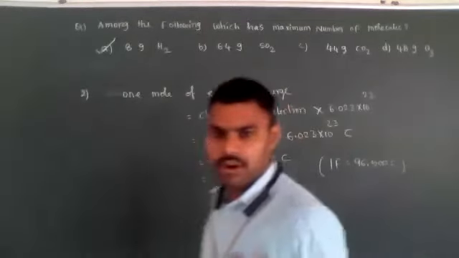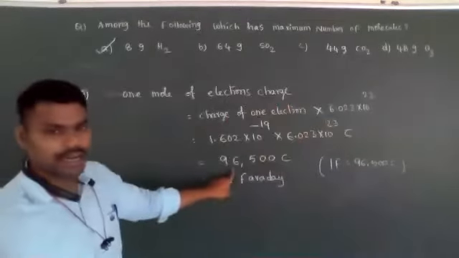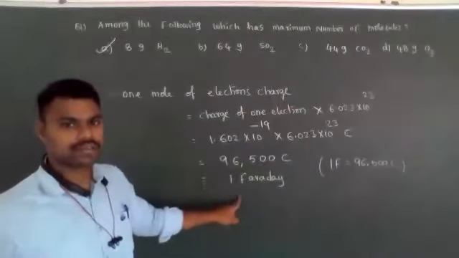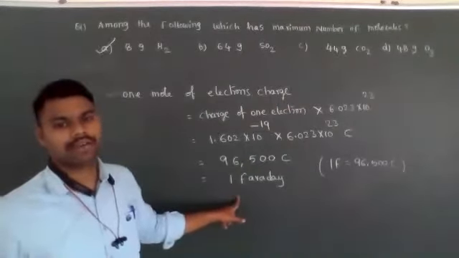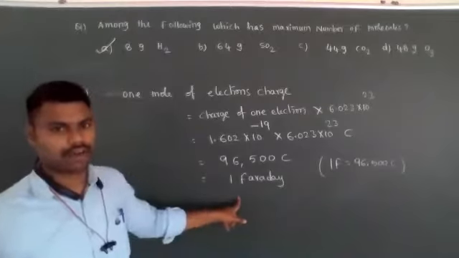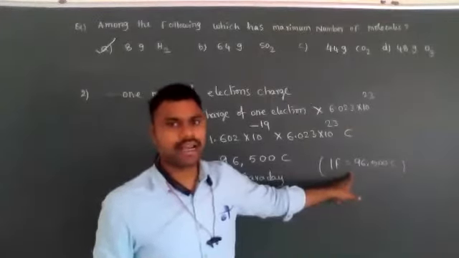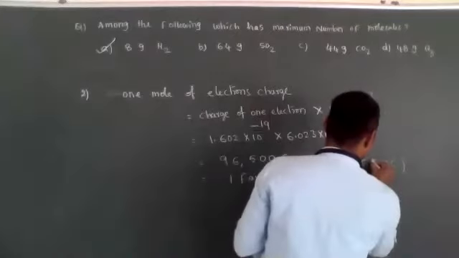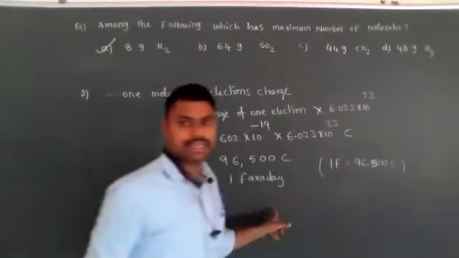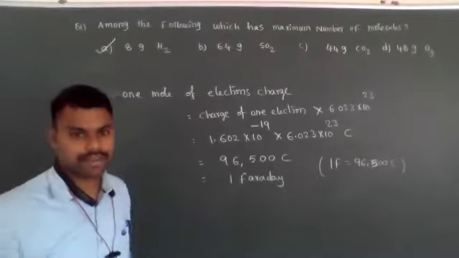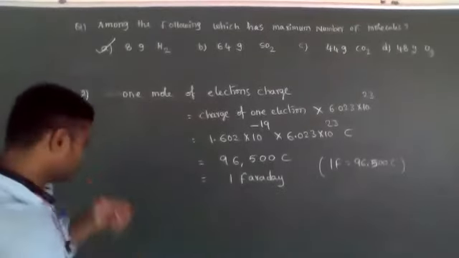So the charge of 1 mole of electrons is equal to 96,500 coulombs or 1 Faraday. Remember that 1 Faraday is equal to 96,500 coulombs. Clear, ma'am?